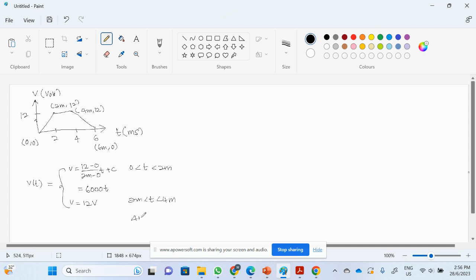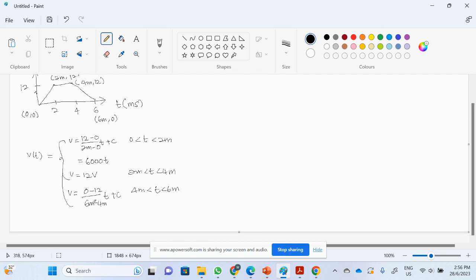Okay, and the last one for between 4 mili to 6 mili, V equals to 0 minus 12 divided by 6 mili minus 4 mili, t plus C. Okay, yang ni take note lah, kita akan ada C. So kat sini kita dapat negative 6,000 t plus C. Untuk kita tahu C berapa, kita boleh buat unjuran ke atas ataupun kita ganti dengan salah satu koordinat, sama ada koordinat yang awal atau koordinat yang akhir.